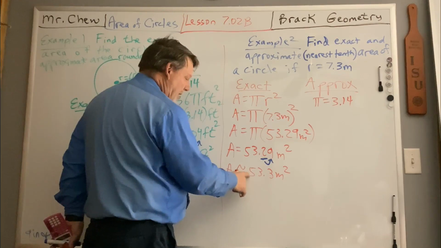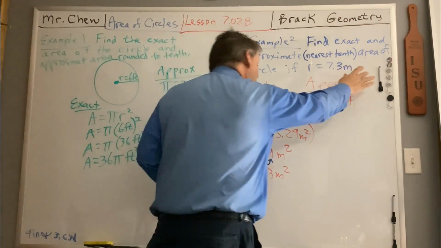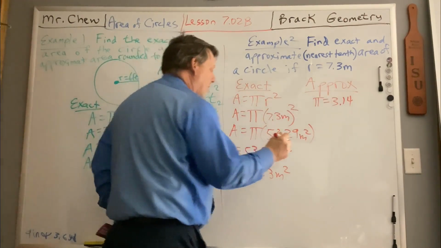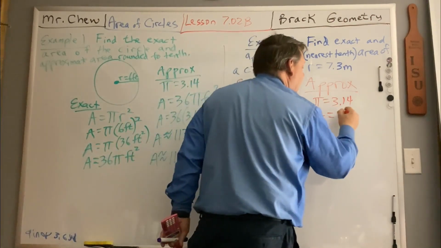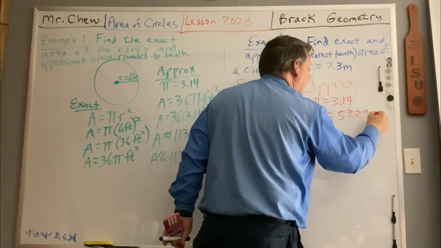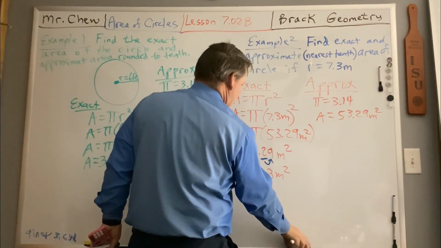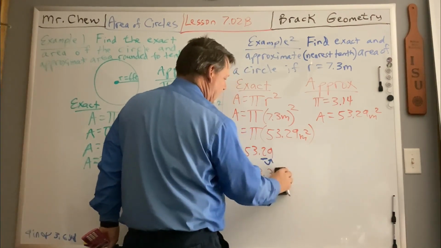Now you notice that I put this approximate. Now to find the approximate, let's use our exact amount first, and we'll see how close they are. 53.29 meters squared. And this has a pi in it up here. These both have pi's in them.